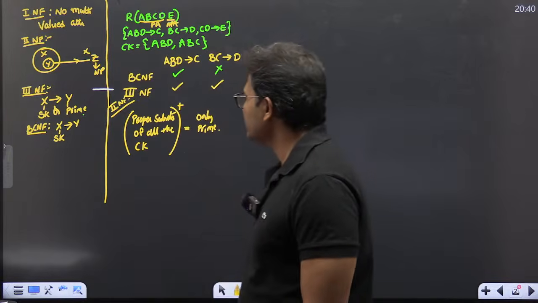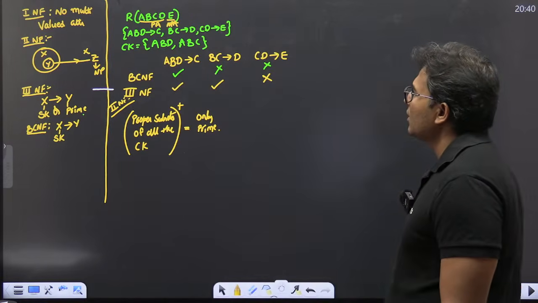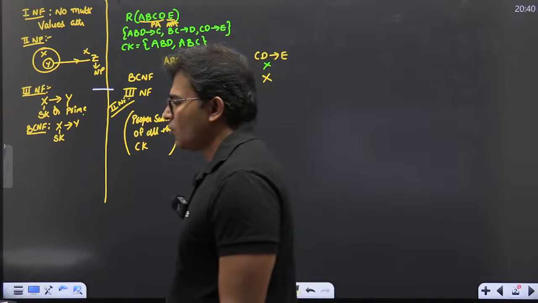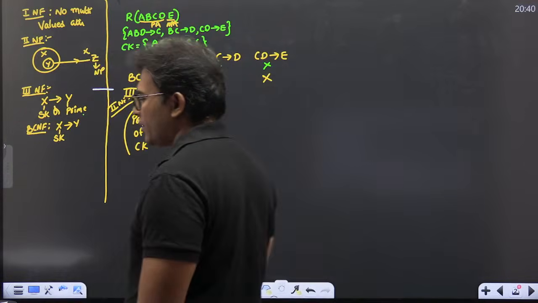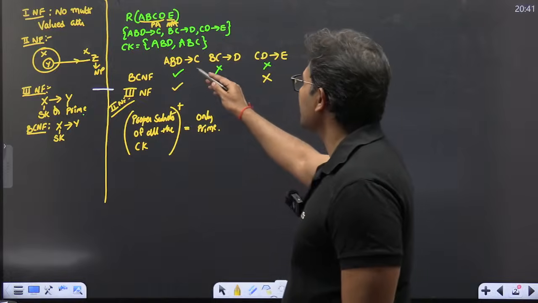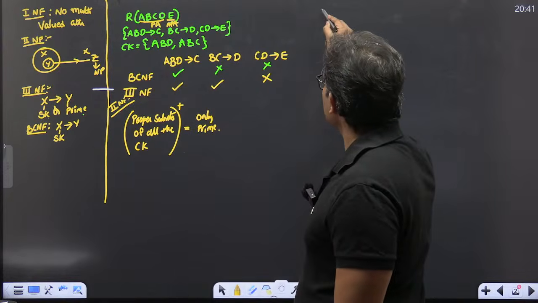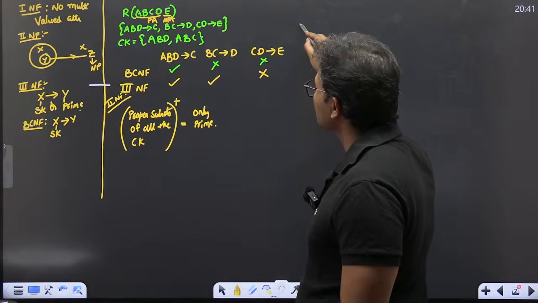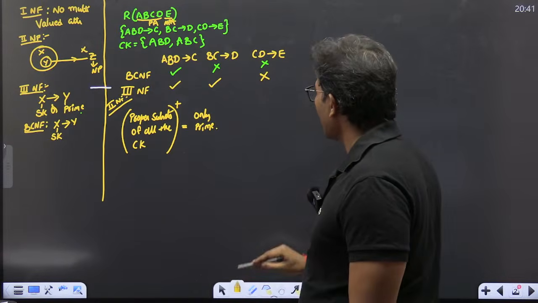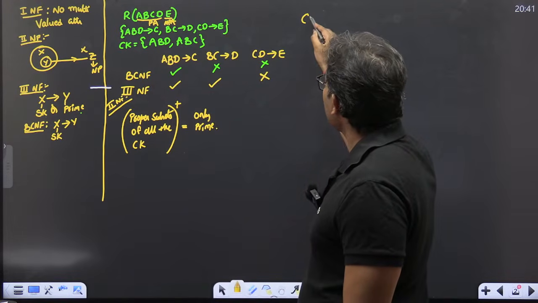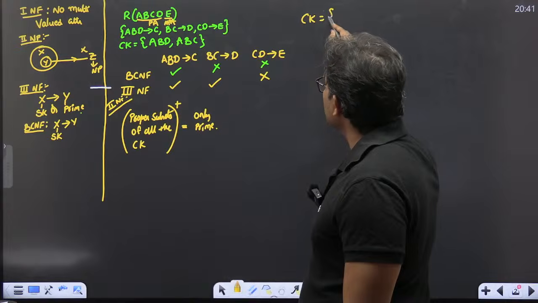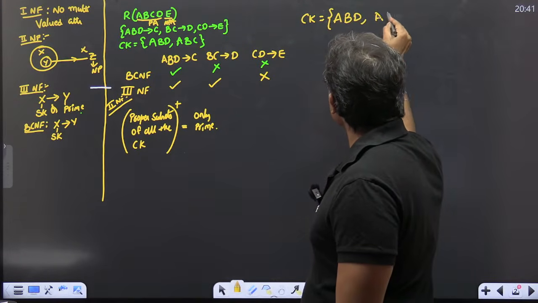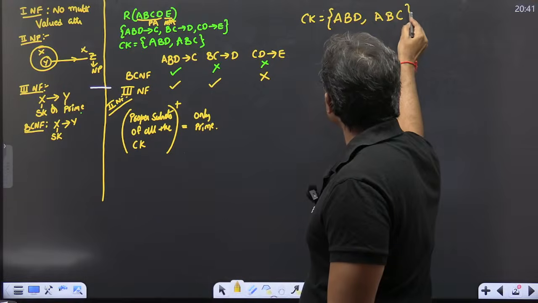Let me do it. Now, what are all the candidate keys? I have already given them. Candidate keys are A, B, D, and A, B, C, right?